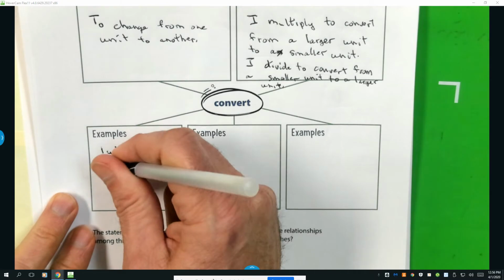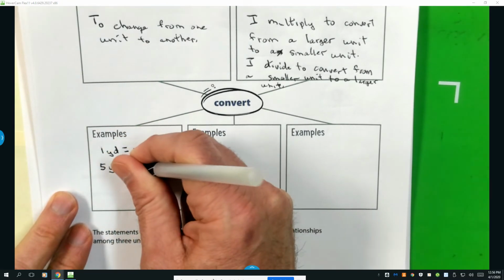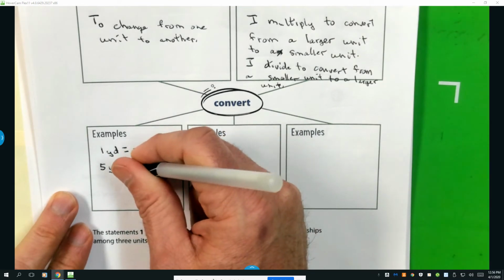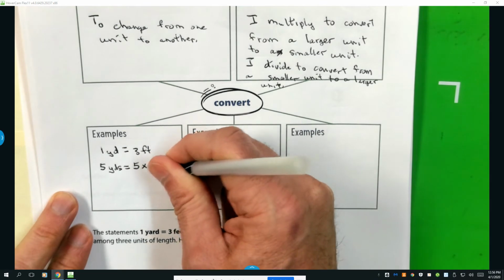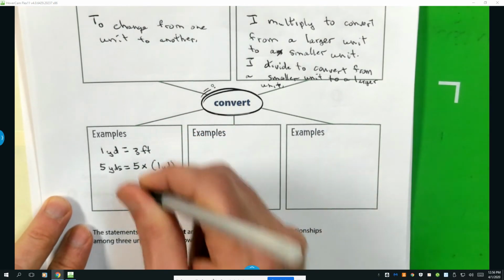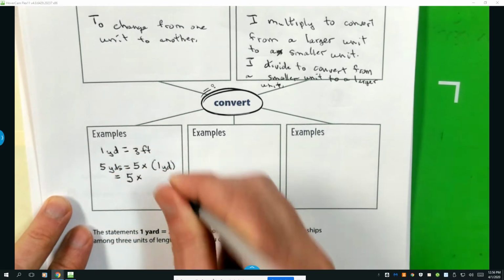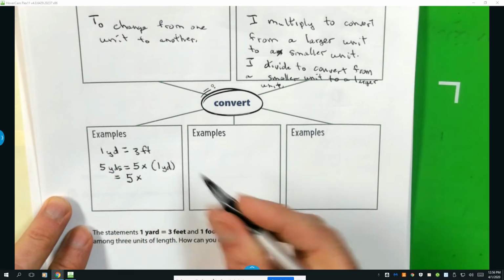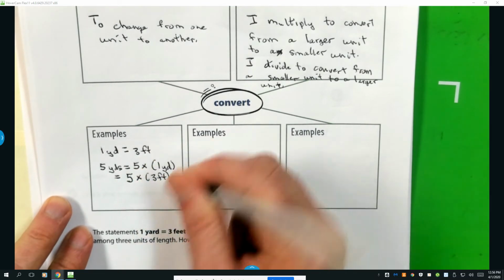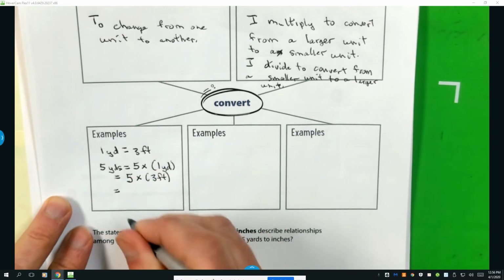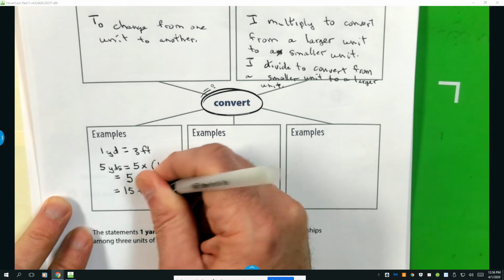So I know that 5 yards equals 5 times 1 yard. And that's the same as saying 5 times, now what's my conversion? 1 yard equals 3 feet.